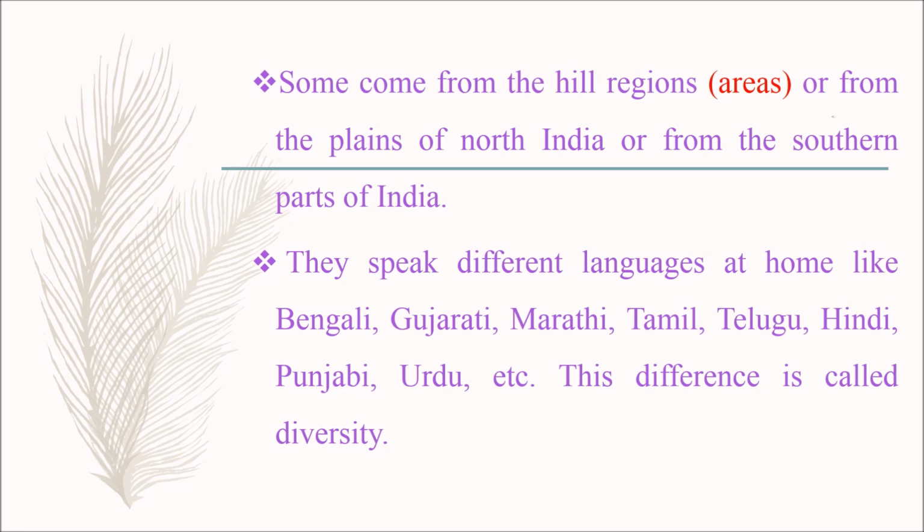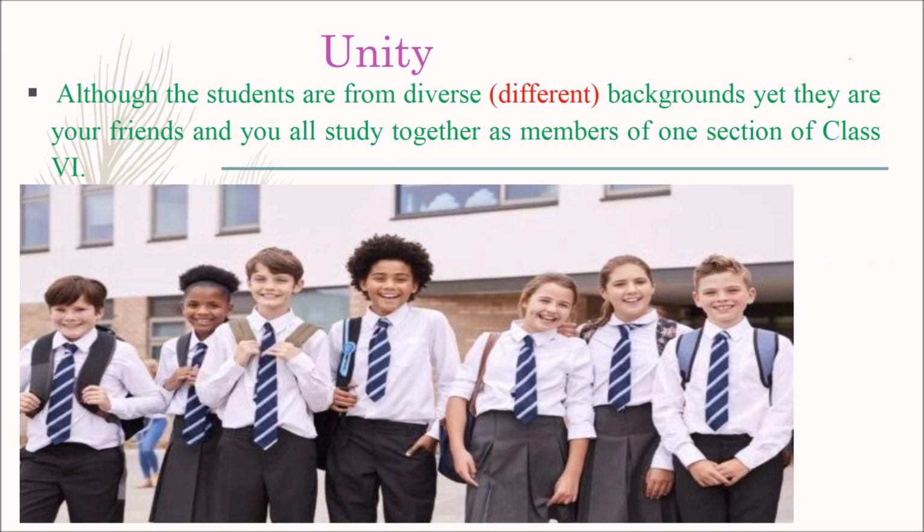Here regions means areas, or from the plains of North India or from the southern parts of India. Then they speak different languages at home like Bengali, Gujarati, Marathi, Tamil, Telugu, Hindi, Punjabi, Urdu, etc. So this difference is called diversity.